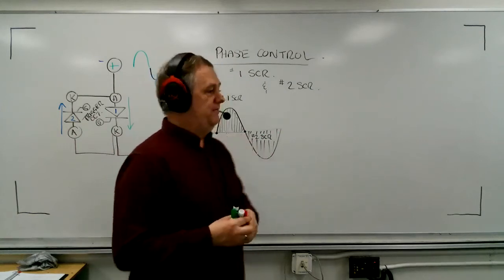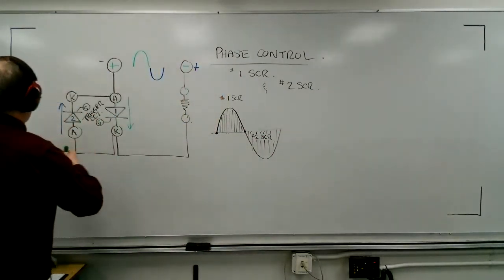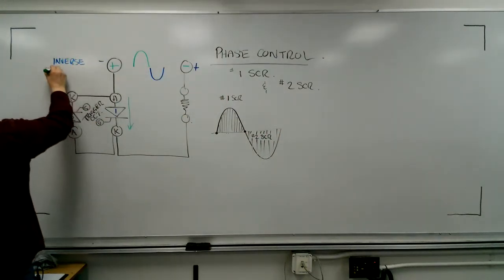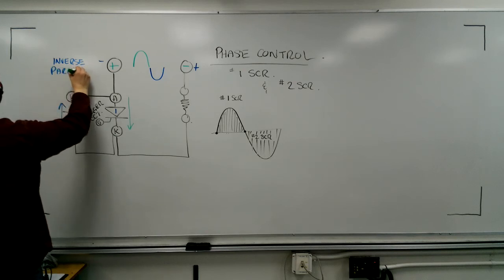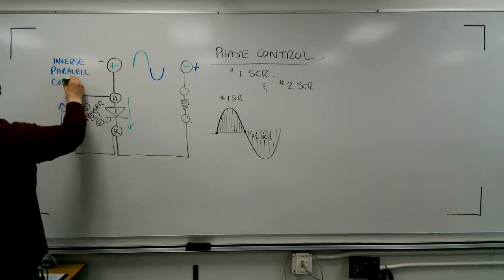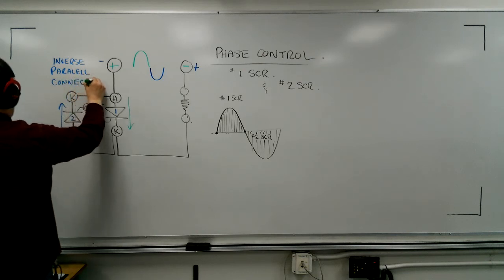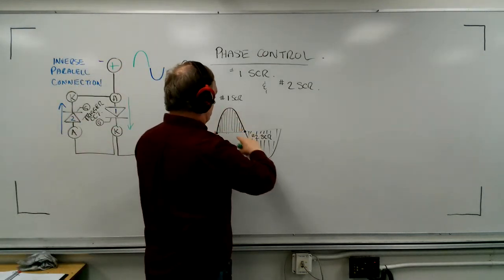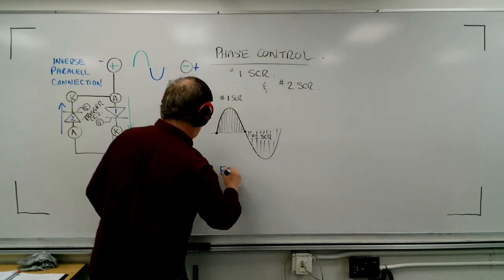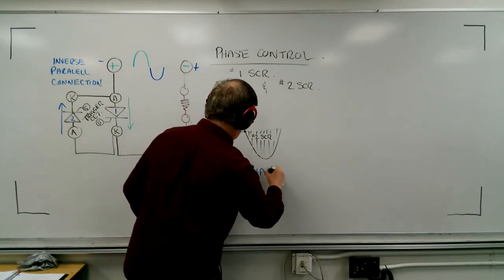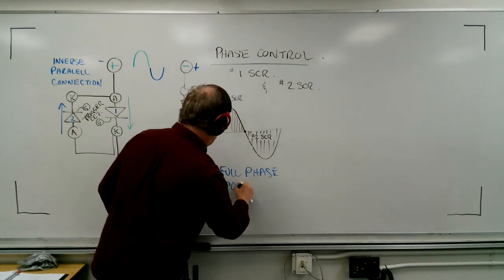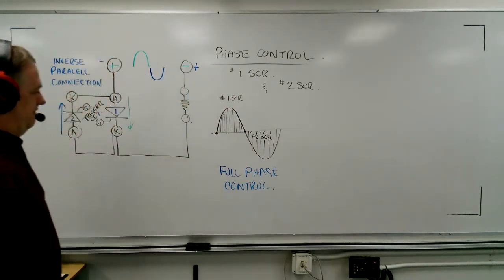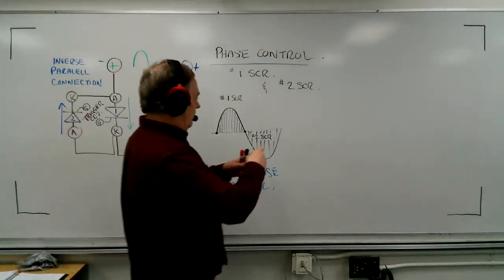But between the 2 of them, in this connection, which we call an inverse parallel connection, we can now control both alternations, and this is called full phase control. Now, where is this actually handy? Well, we can now use this in single phase or 3-phase circuits, and we can get waveforms.